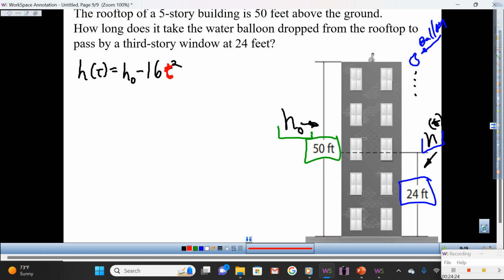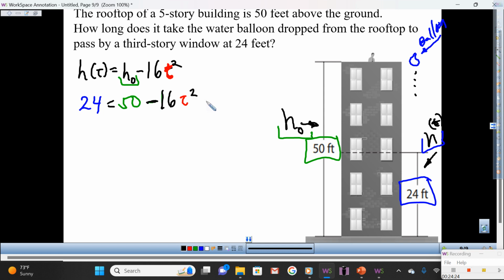All right? So, what do we substitute here, guys, for h of t? 24. Okay, so 24 for h of t. But now, about h of o, everyone? 50 minus 16t squared.